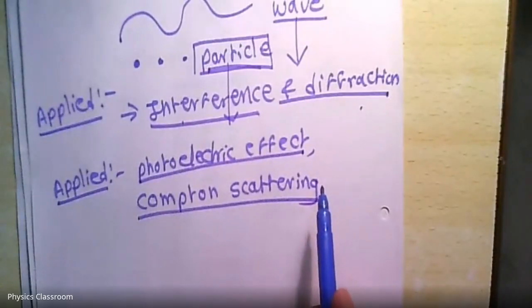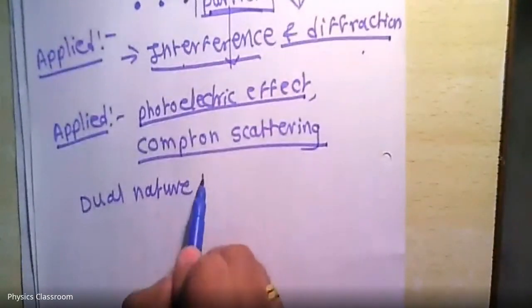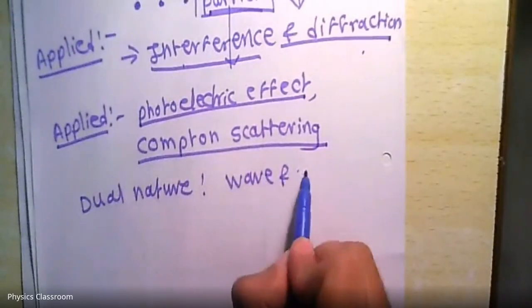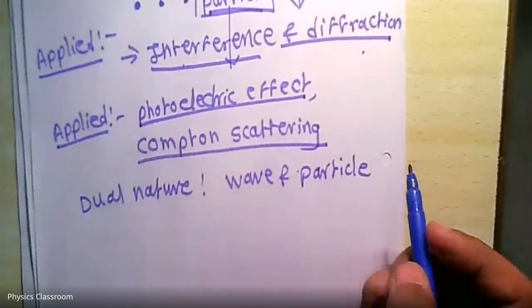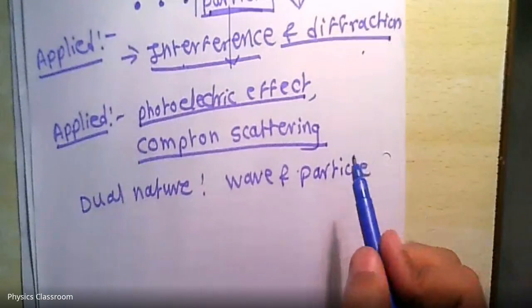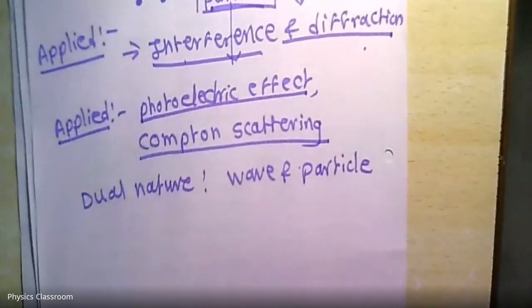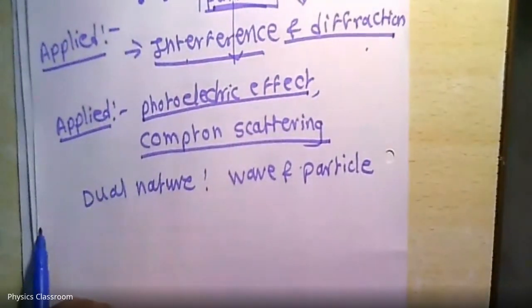Thus, dual nature means wave and particle nature come to be associated with light. Both natures are associated with light.